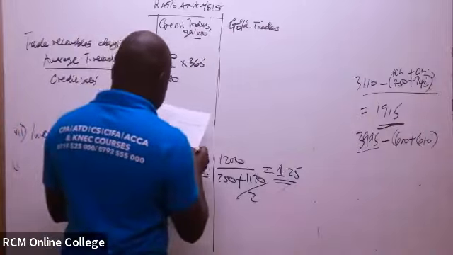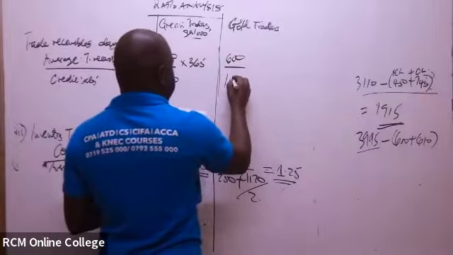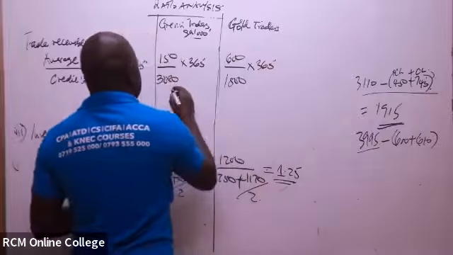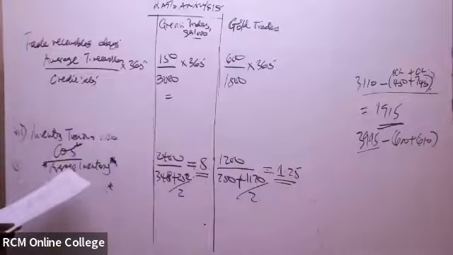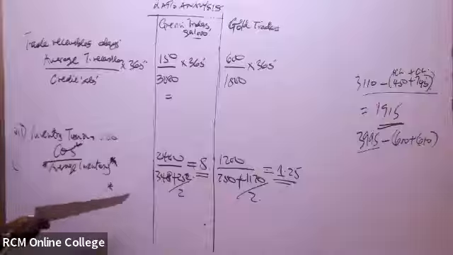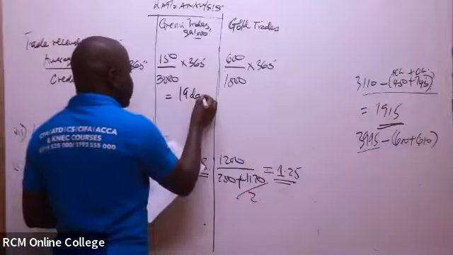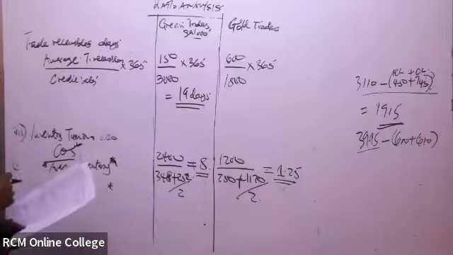For the other one, it is 600, divided by 1800, since all the sales are on credit, multiplied by 365. How many days are you getting in green traders? You're getting 19 days. So these ones take on average 19 days to collect from their debtors.